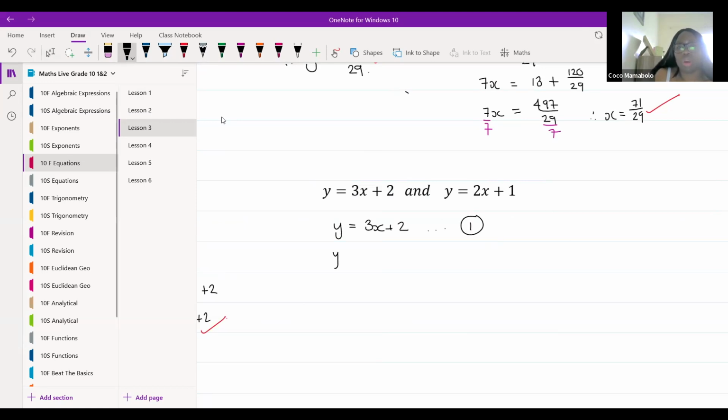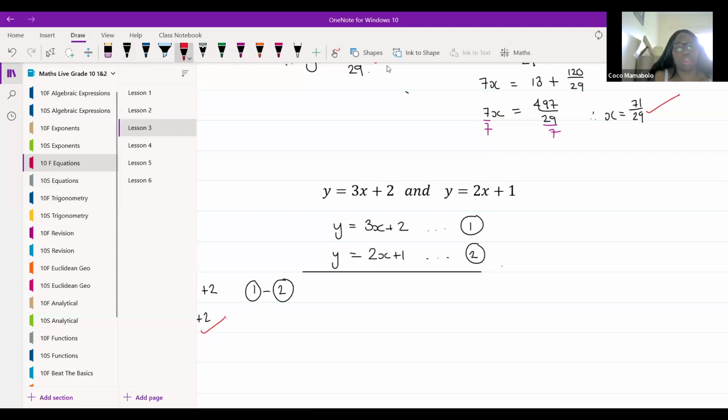And y is equal to 2x plus 1 is equation 2. Now, is there any need for me to multiply either of these with something else? No, there's no need here, because if I subtract to get 0, I can just say y minus y, and that's going to give me what I want. So I'm going to say equation 1 minus equation 2.